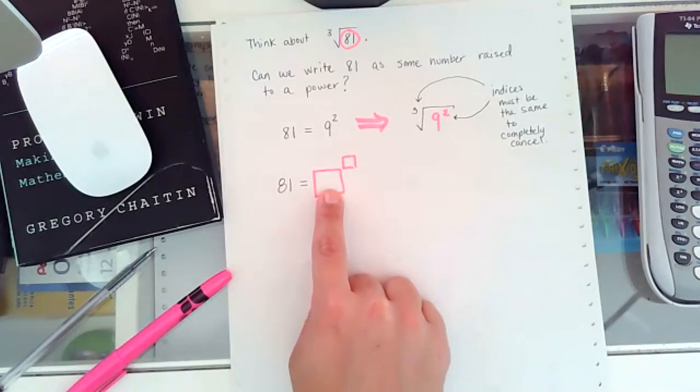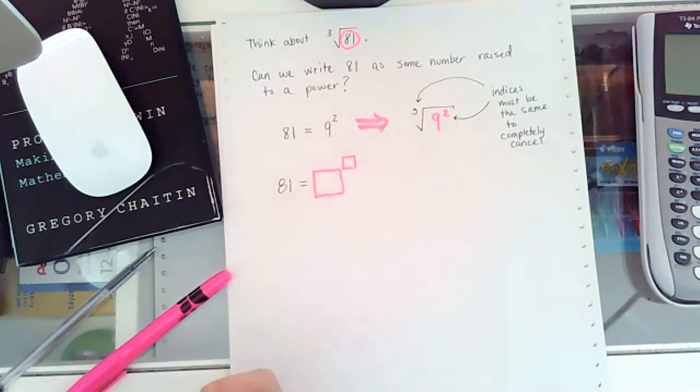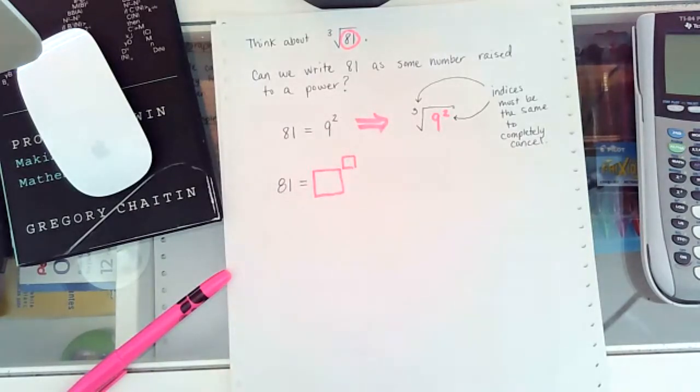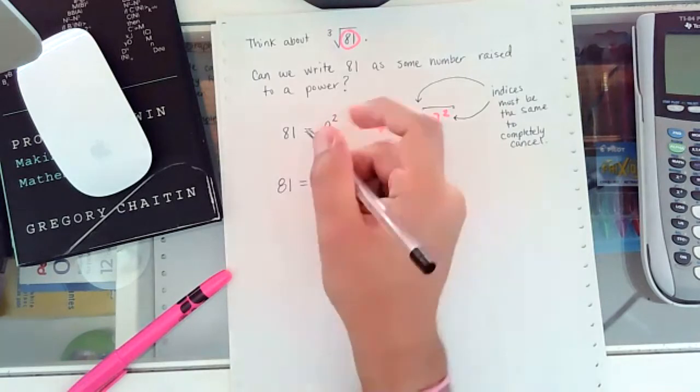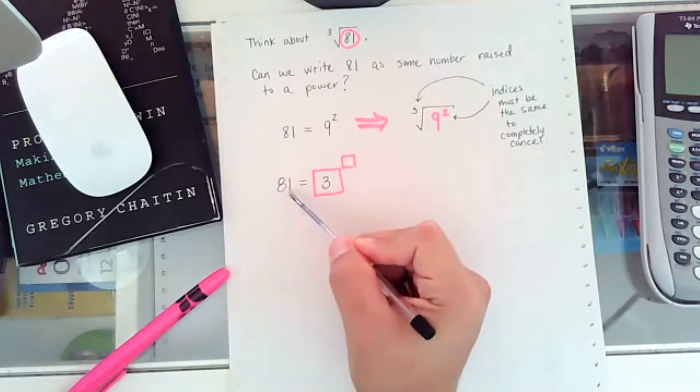And maybe it's going to be related to factors of 9, like trying to break it down smaller. So what are the factors of 9? 1, 9, and 3. Yeah, 1, 9, and 3. 1 tends to not help us. We see that when we wrote this as 9 to the second power, that didn't really help us. Maybe we want to go smaller. So maybe 3 to some power will give us 81.